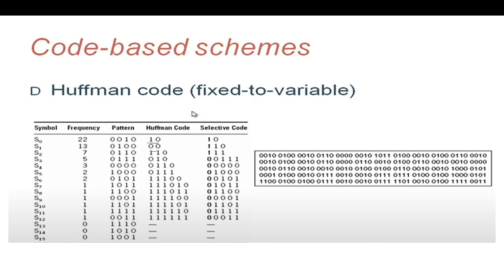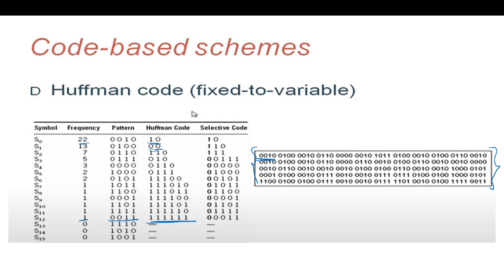So if this is the pattern, what Huffman coding will do is this pattern is repeated 22 times, so it will be encoded with a lesser number of bits. And if we come to this pattern, which is repeated only once, we need a larger number of bits. This is for Huffman.